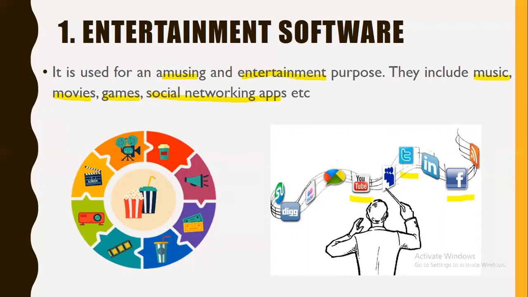The basic purpose of these software is to entertain people. They also include games and movies and music software. All these types of software are known as the entertainment software, and their only purpose is to entertain the people.